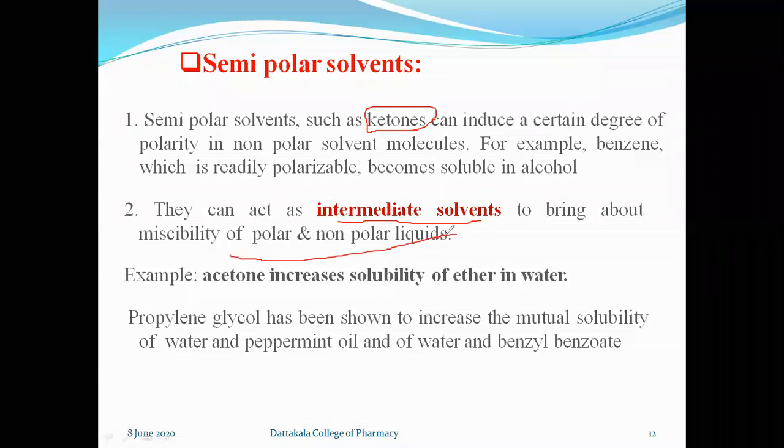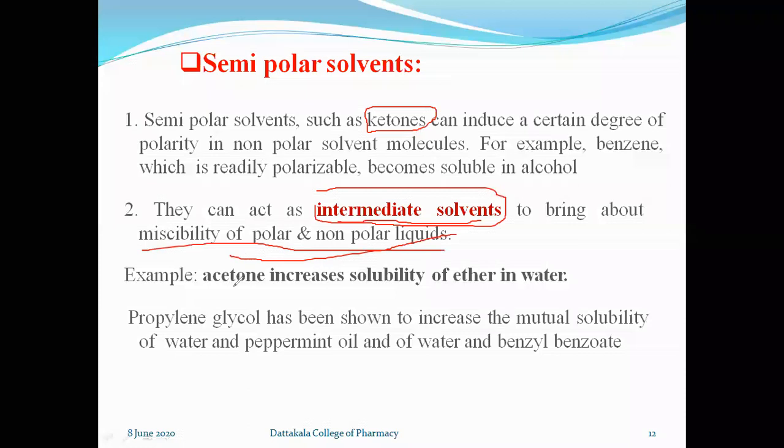Also, these ketones or the semipolar solvents, as they are acting as an intermediate, will increase the miscibility between the polar and non-polar solvents. In this way, these act as an intermediate solvent.